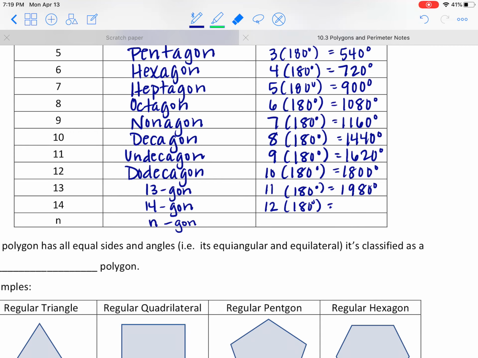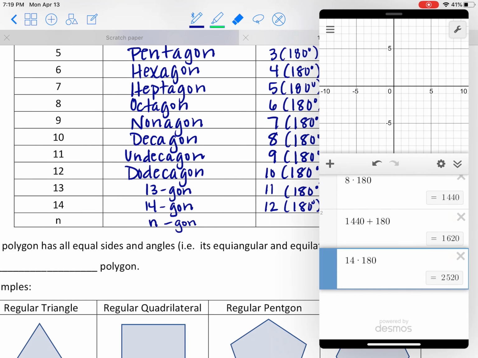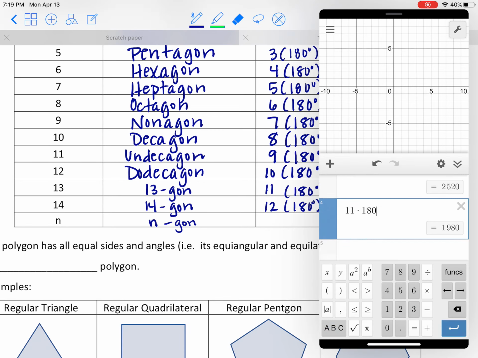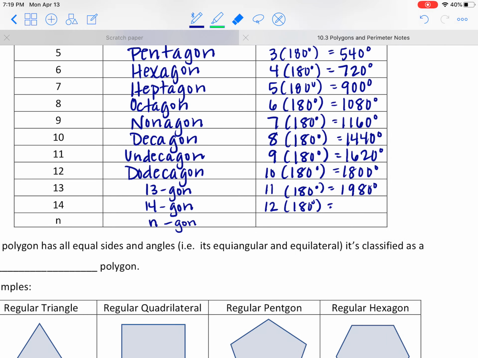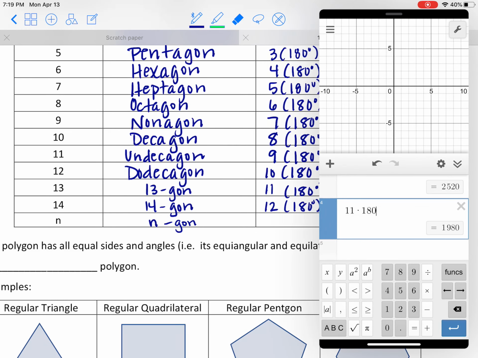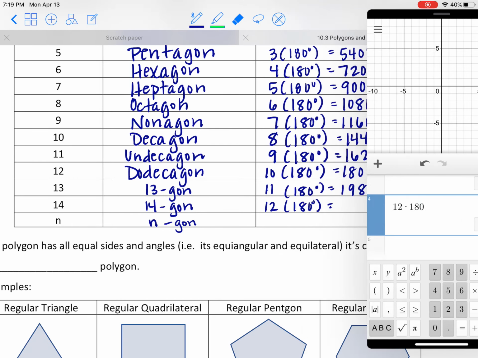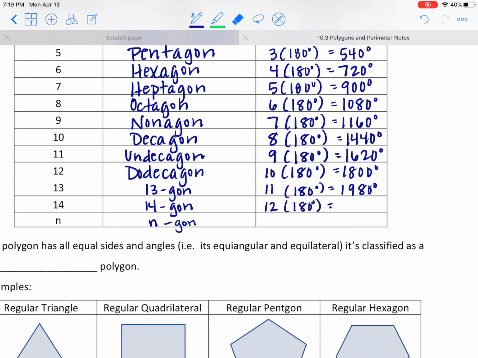So sorry. 11 times 180. I think I had that right. I just, for some reason, wrote the wrong number. 1980, that's correct. And then we need 12 times 180, 2160. Not what I put there. 2160 degrees. I'm not sure how I jumped from 10 to 13.